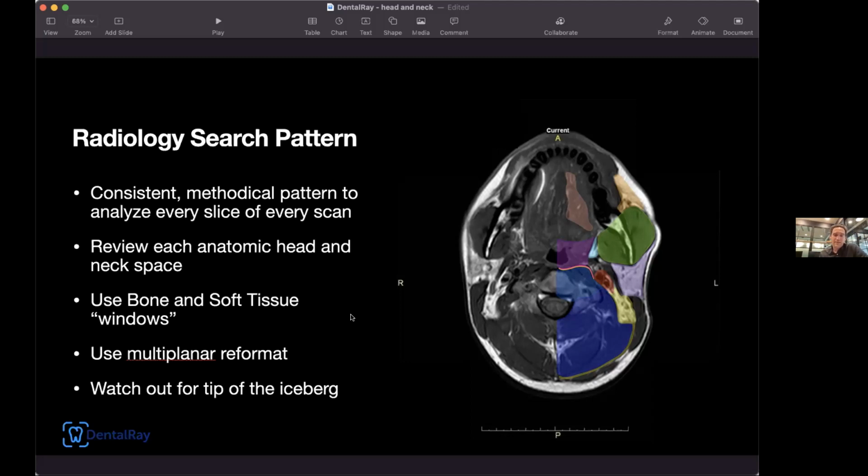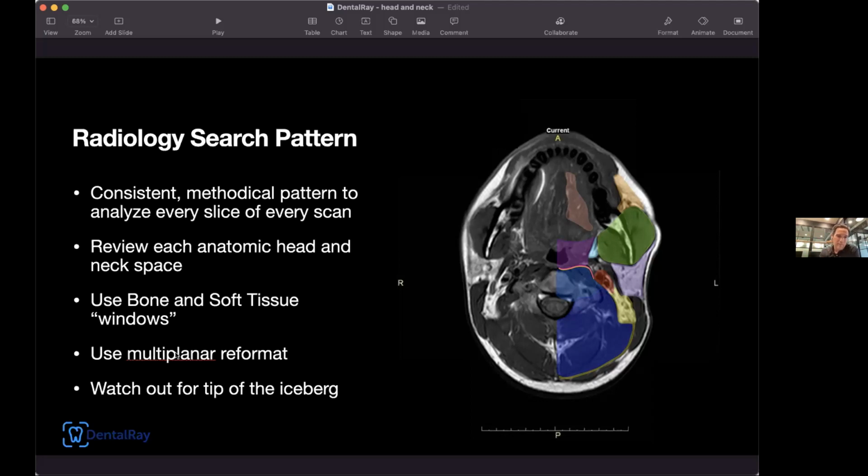As Eliot referenced, using a multiplanar format is really critical: looking at the image in an axial plane like you see here, in the coronal plane where they're looking kind of face at you, and then a sagittal plane where you're looking at the side of the patient. And then using those different tissue windows to emphasize different groups of tissue as you move through the scan.